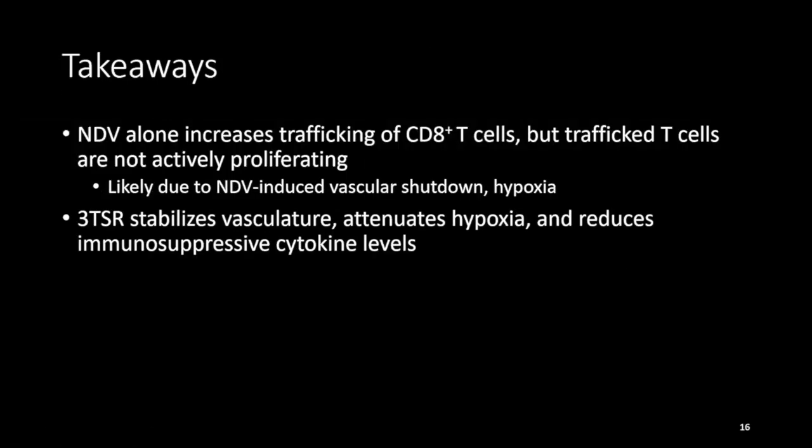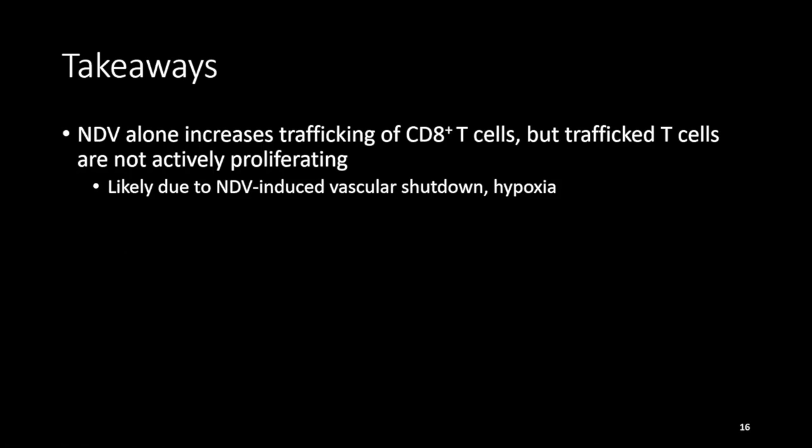And so this is likely due to the oncolytic virus-induced vascular shutdown and hypoxia, because the tumors are even more poorly perfused. There's probably that buildup of the lactic acid I mentioned on one of the very first background slides that's causing these T cells to infiltrate and then immediately become exhausted because there's no nutrients for them and there's no oxygen.